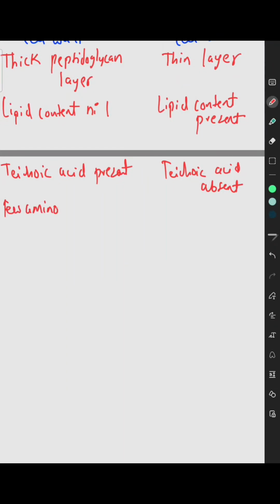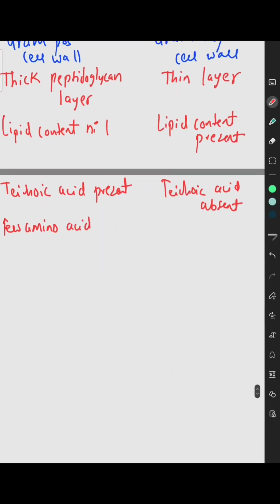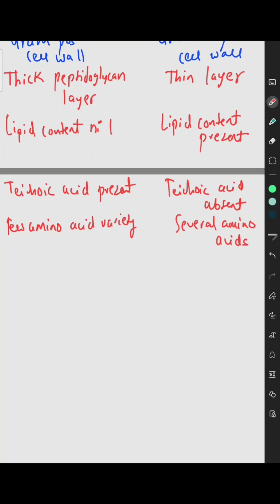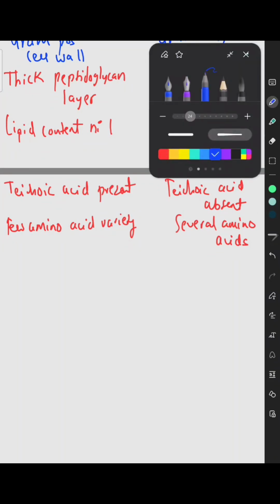Now in the gram positive cell wall, there is a small variety of amino acids compared to the gram negative cell wall, which has several amino acids. So these are a few important and basic differences between the gram positive cell wall and a gram negative cell wall.